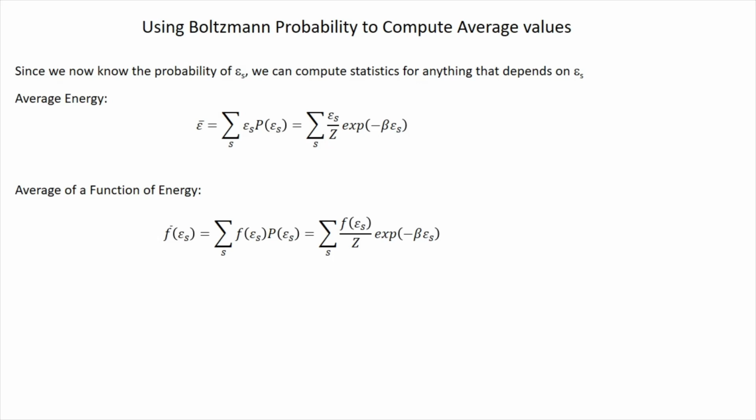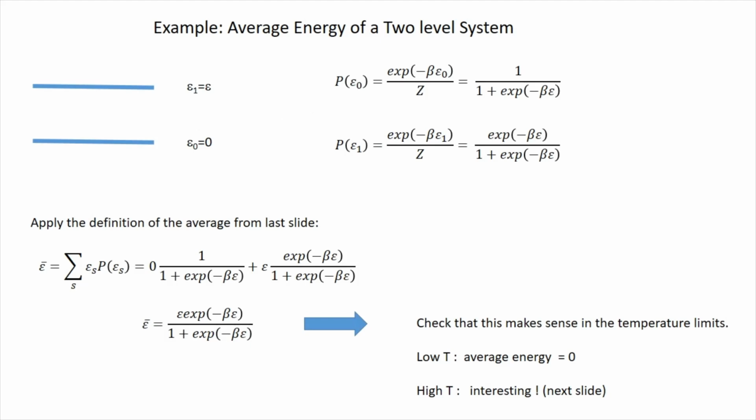You're not expected to memorize these formulas. And so if you're really clever, that also means you're not really expected to memorize the Boltzmann probability, but hopefully you get the point that I'm trying to make by telling you to memorize it.